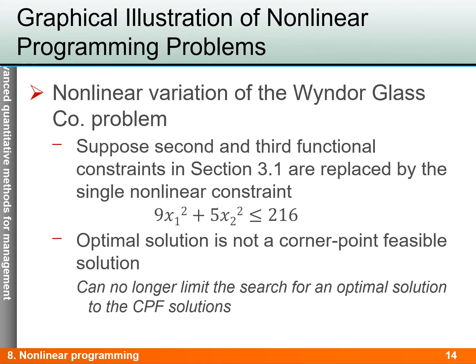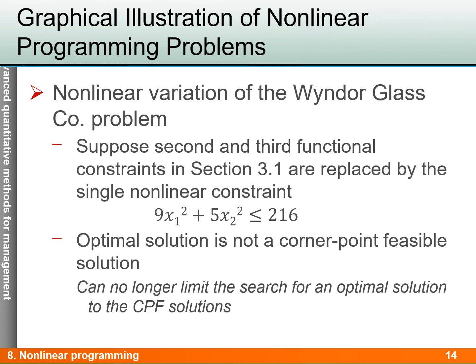The first constraint also remains unchanged, x1 less than or equal to 4. But instead of constraints 2 and 3, we have a new constraint: 9x1 squared plus 5x2 squared less than or equal to 216. So now the problem has changed from linear to nonlinear.